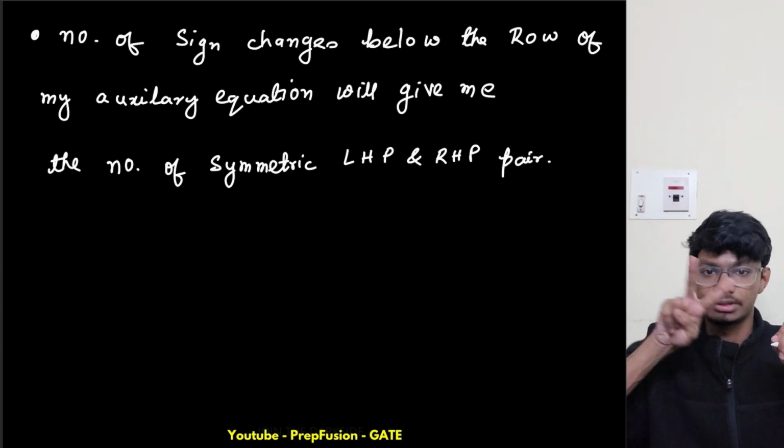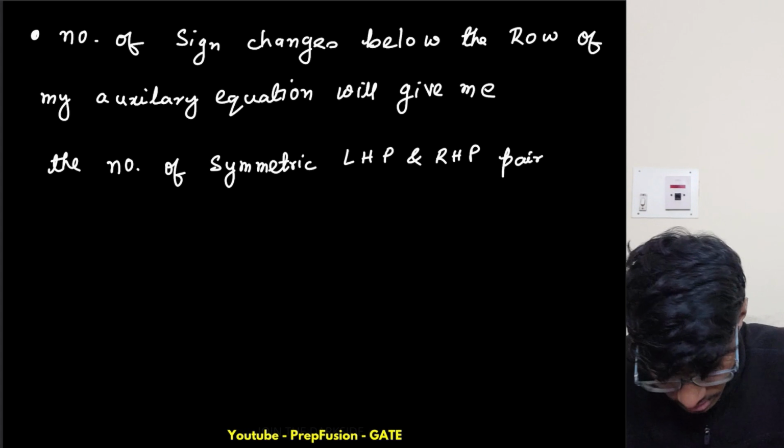How many pairs of them are symmetrical? Around the origin, obviously around the origin.